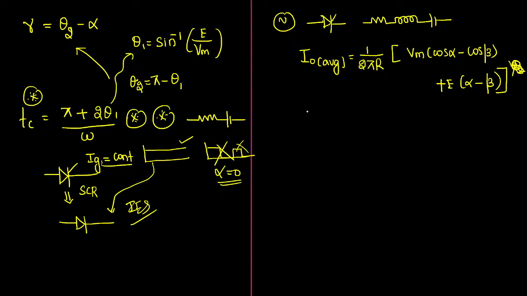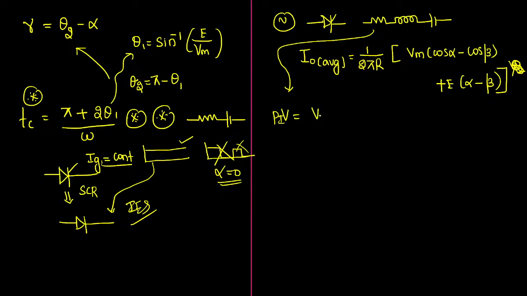Okay, sir. Next, what will they ask here? The maximum reverse voltage across the thyristor in RLE load, the most important question. They will ask what the maximum peak inverse voltage across the thyristor would be here. It is specific for RLE load.